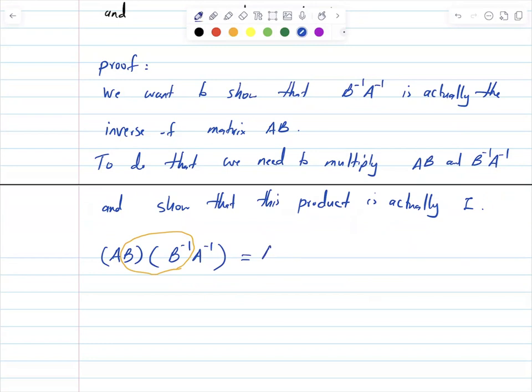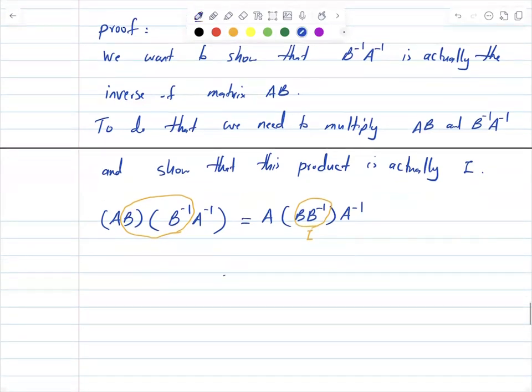I have A times B times its inverse multiplied by the inverse of A. But again, since we are multiplying B by its inverse, it is equal to the identity matrix. So you get A times I times the inverse of A. But remember that when you're multiplying by the identity matrix, it is basically the matrix itself.